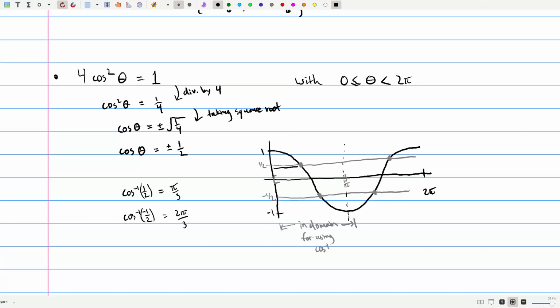So if we take this distance here, then 2 pi minus that distance gives us this point. So the solutions are pi over 3, 2 pi over 3, then 2 pi minus that one, I'm doing these in order, and 2 pi minus the first one. So we get 4 solutions here.